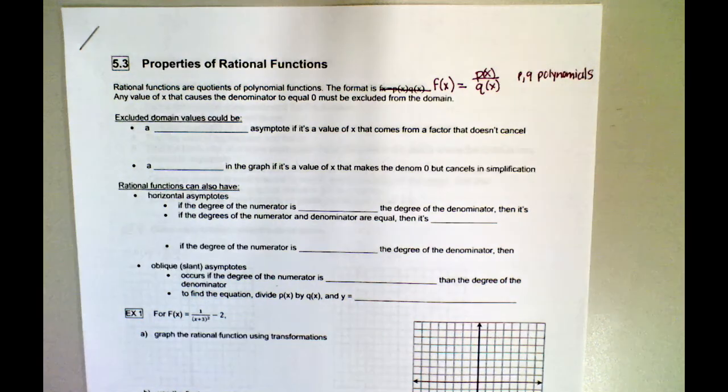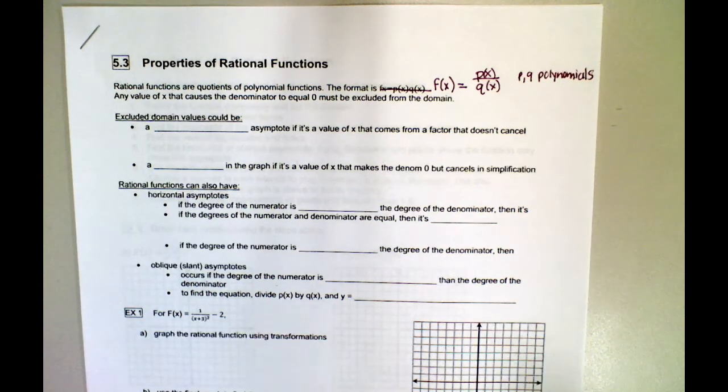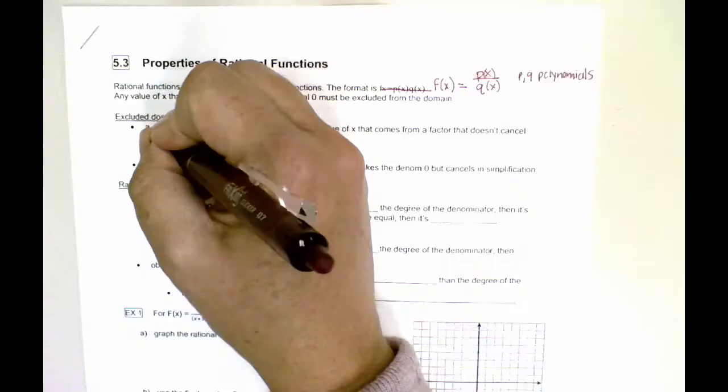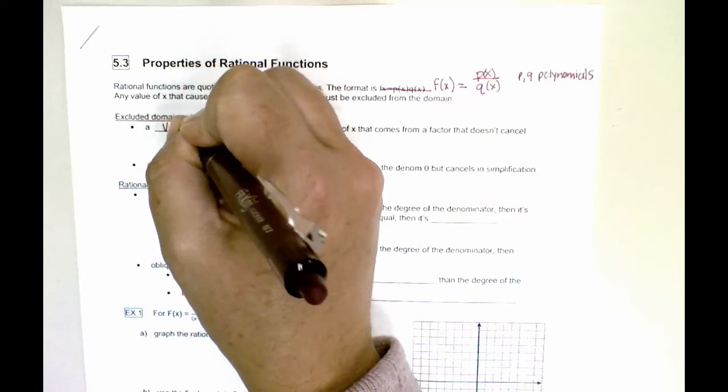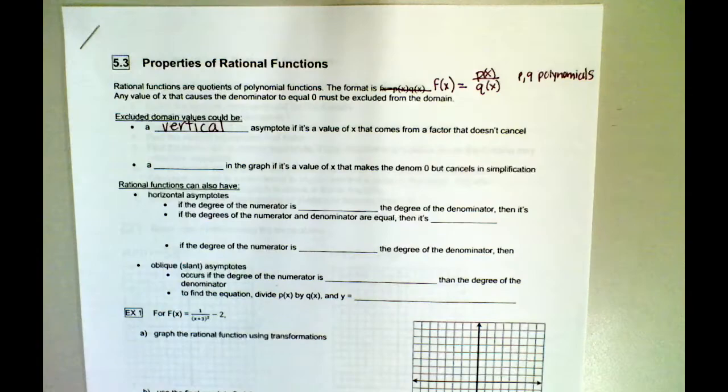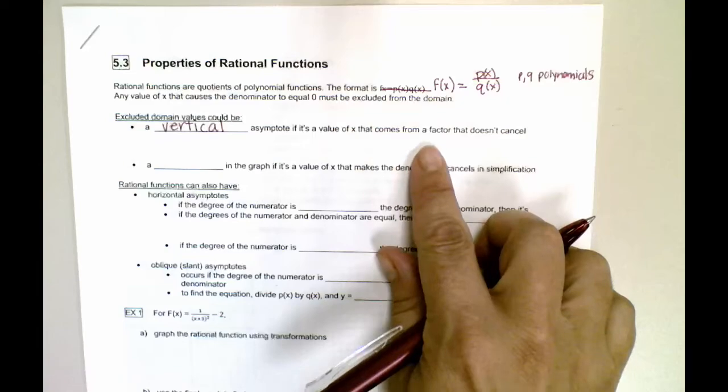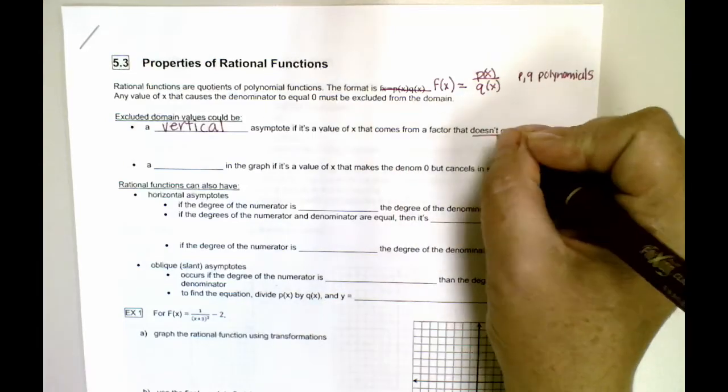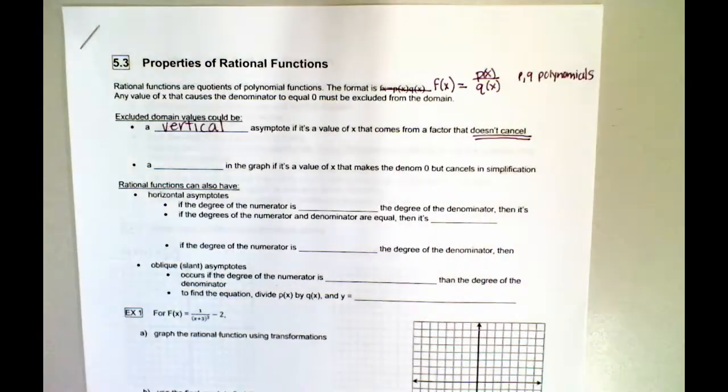So in a rational function, an excluded domain value could be a vertical asymptote if it's a value of x that comes from a factor that doesn't cancel. And you're going to see what I mean by doesn't cancel when we get into the examples.